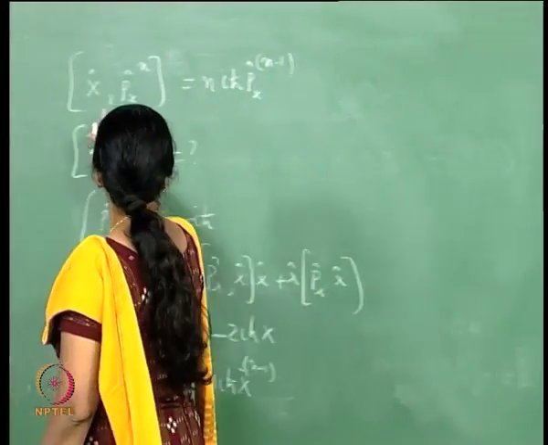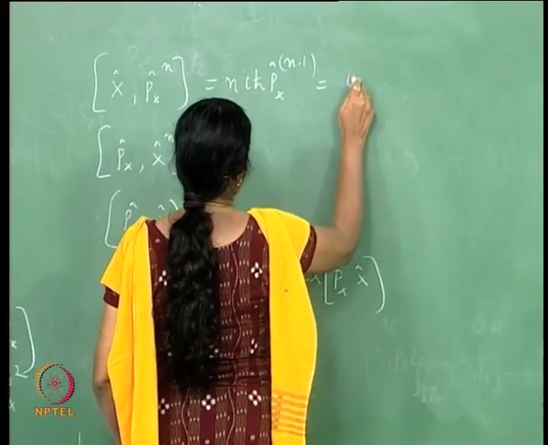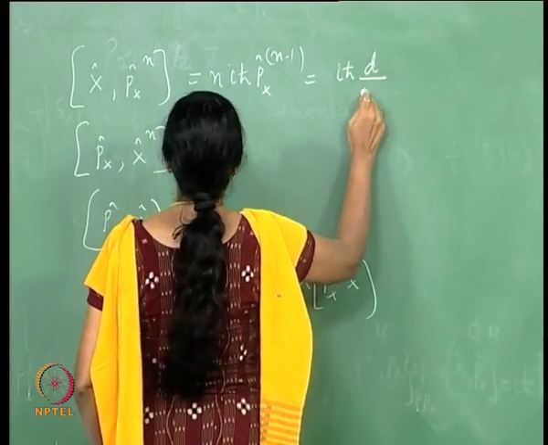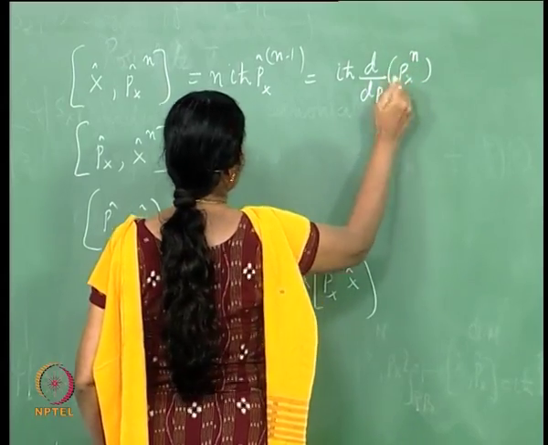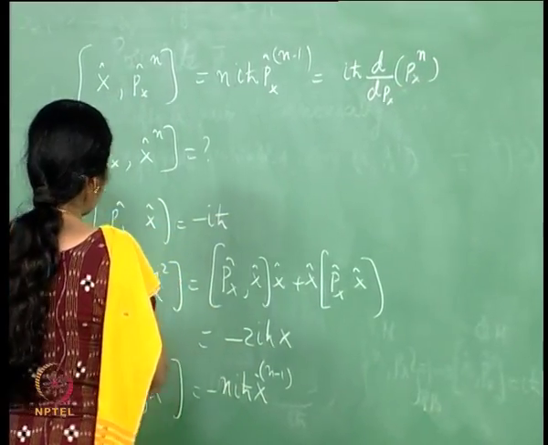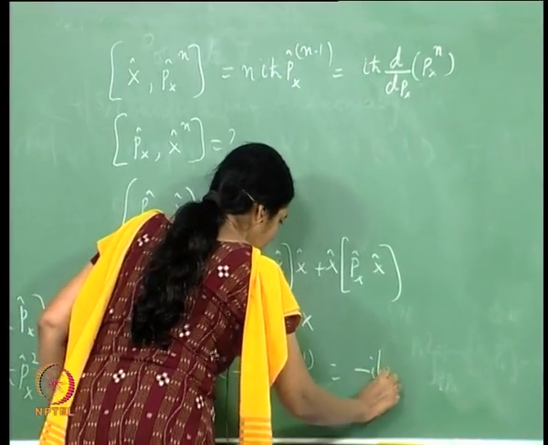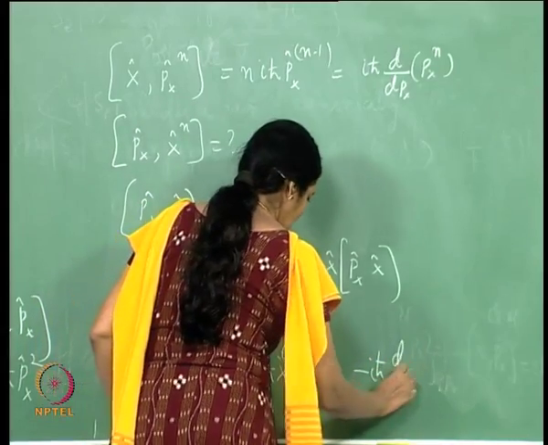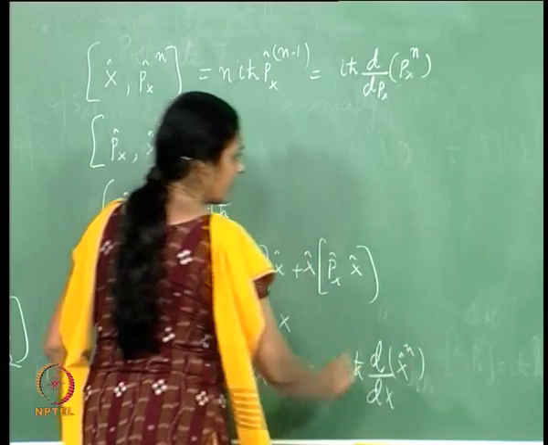If I go back here, I could well argue that this is the same as iħ d by dpx of Px to the n. And if I look at this commutator, this is the same as minus iħ d by dx of x to the power of n.